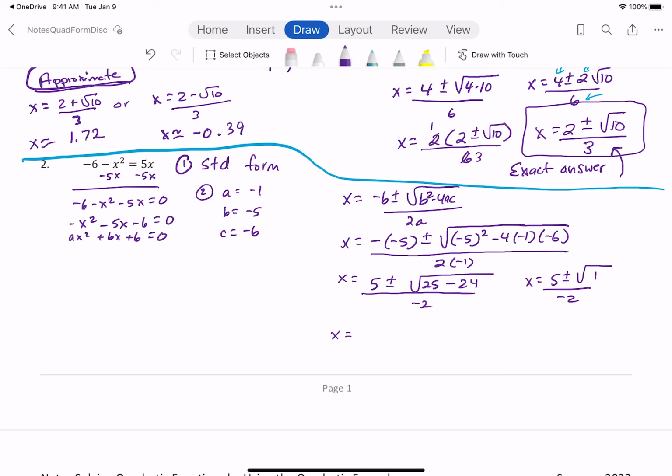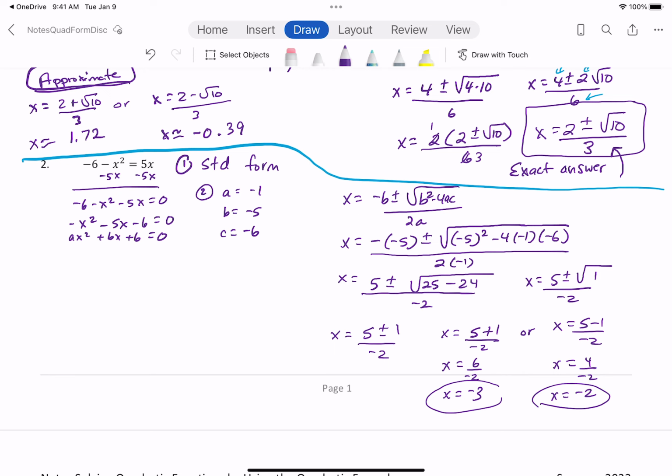I got a perfect square. So we know that the square root of 1 is 1. So this one, we're actually going to get rational or integer answers. So we can split this into 5 plus 1 over negative 2, or 5 minus 1 over negative 2. So this one would be 6 over negative 2 is negative 3. And this one would be 4 over negative 2 is negative 2.